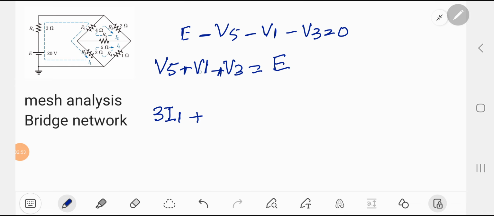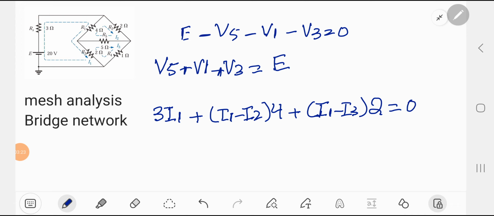V1 is a mutual resistance, so for this it is (I1 minus I2) with resistance 4, plus V3, a mutual resistance among I1 and I3, so (I1 minus I3) with a resistance of 2 ohm.